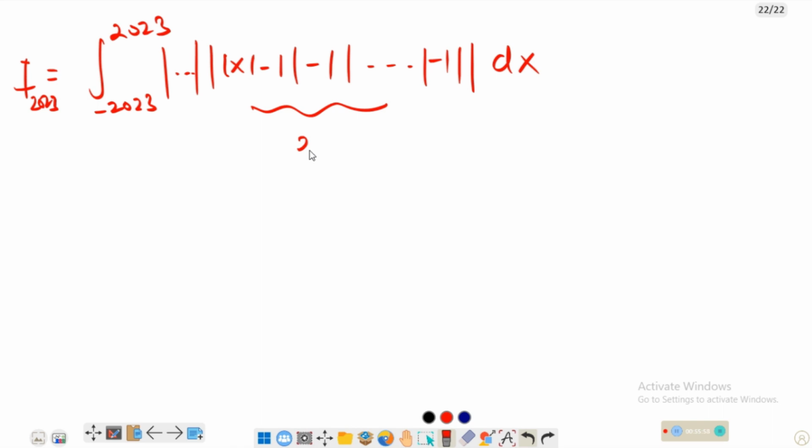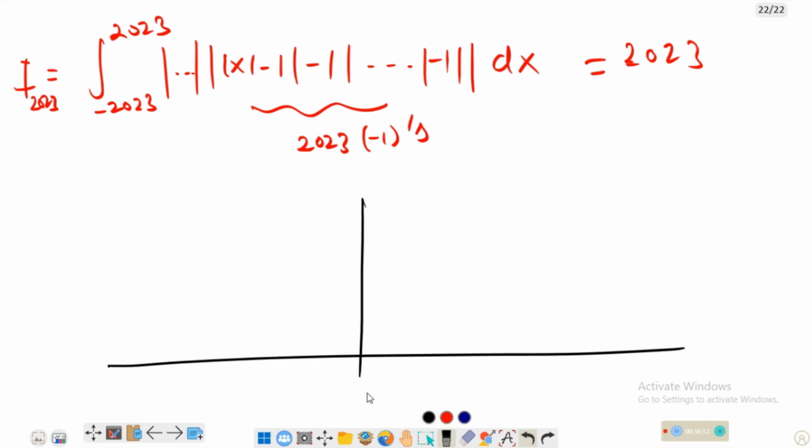There are 2023 minus 1s. So we could say directly this is equal to 2023, but if we draw this graph, my graph is like that.